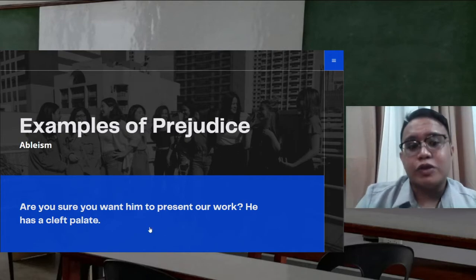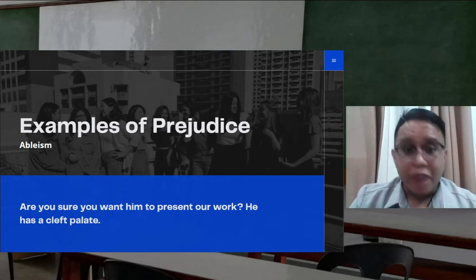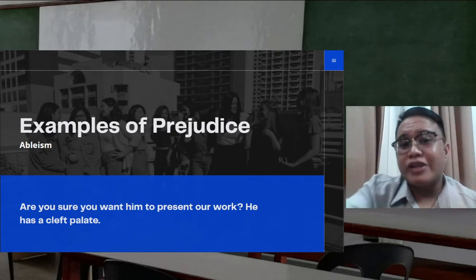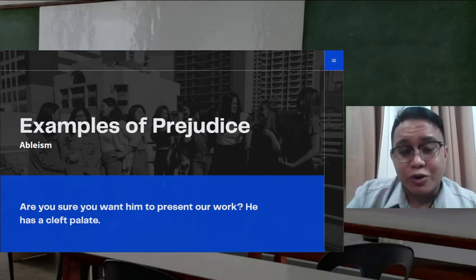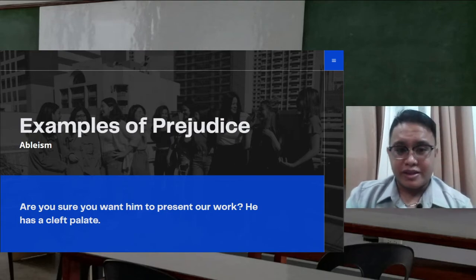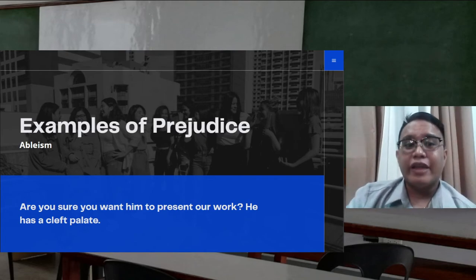I had a student when I was teaching senior high school in my previous school who has a cleft palate but is a really good speaker, and mind you, you could understand his speech. Having that is not a hindrance to the things a normal person can do. This statement is just a prejudice, with no actual backing, even in experience. So those are our examples of prejudice.